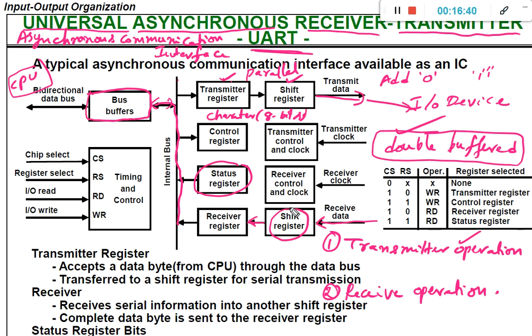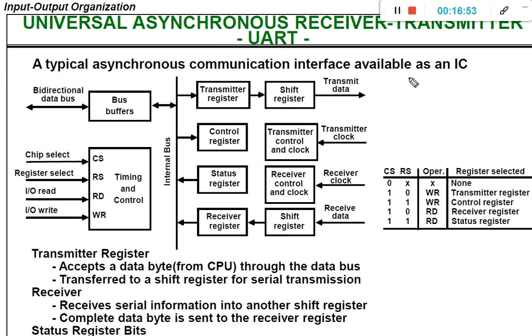However, during the transmission or receiving of the data, some errors may occur. There are three possible errors that could occur during these two operations. The first error is a parity error.